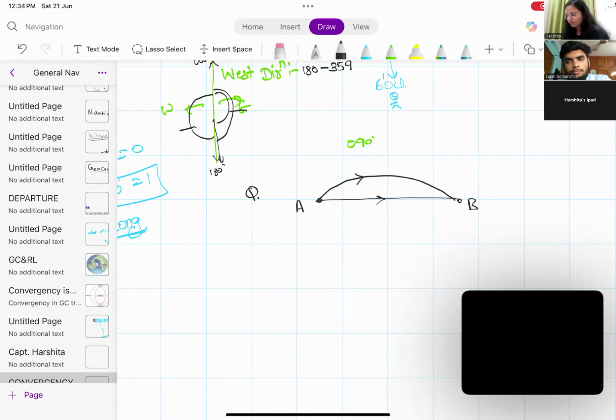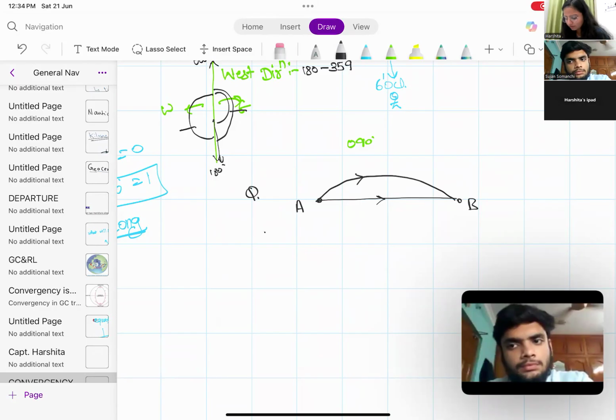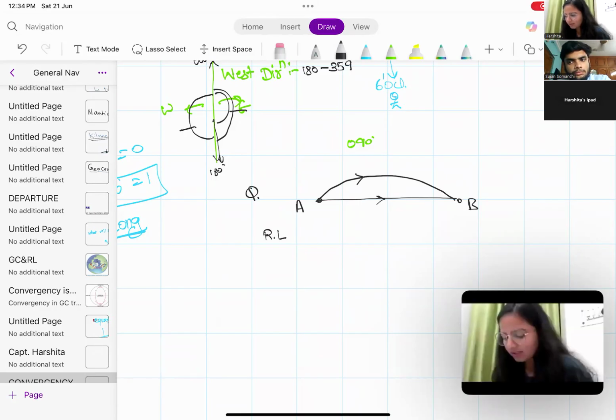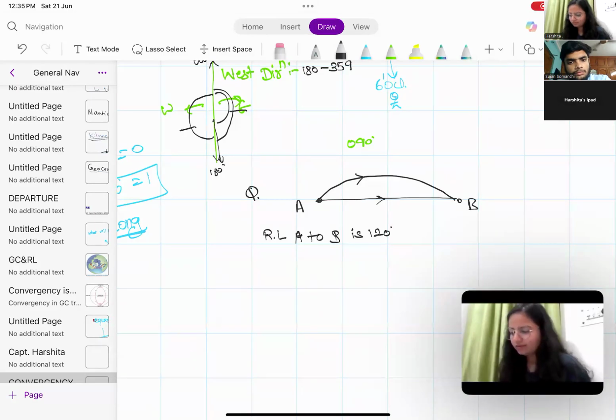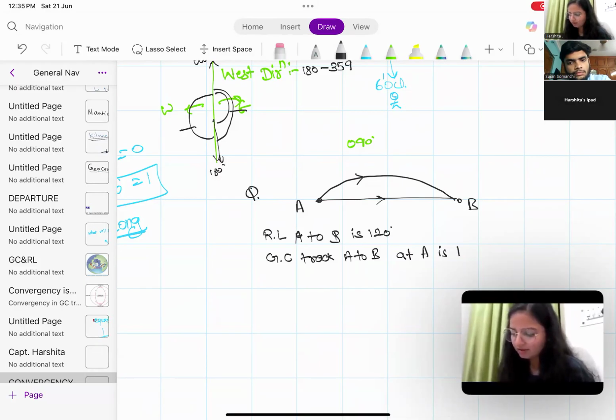Now, I'll say that the rhumb line A to B is 120 degree, and the great circle track A to B at A is 115 degree.